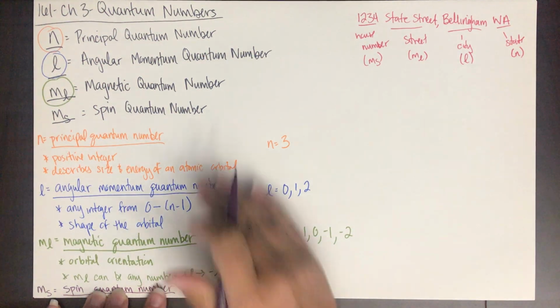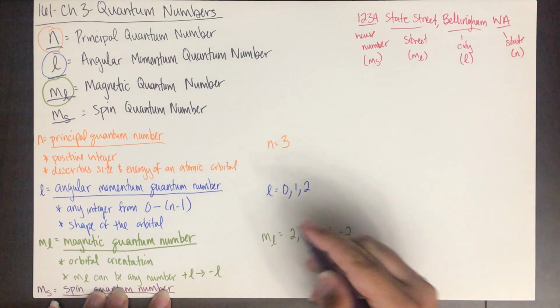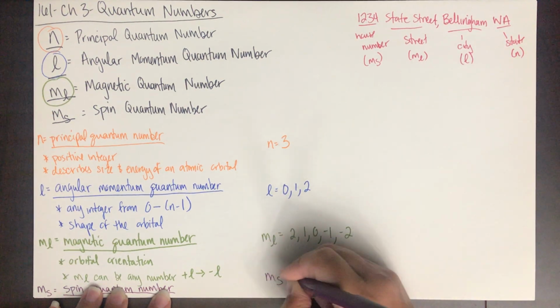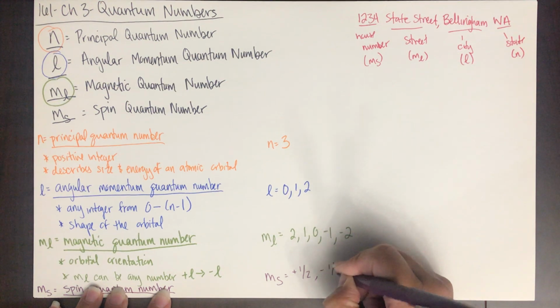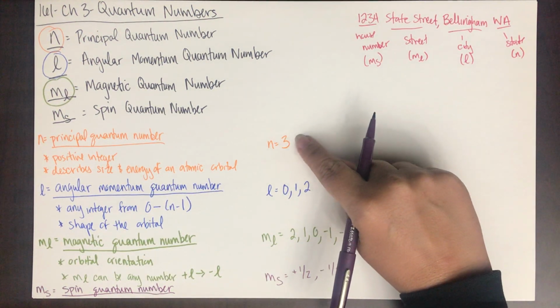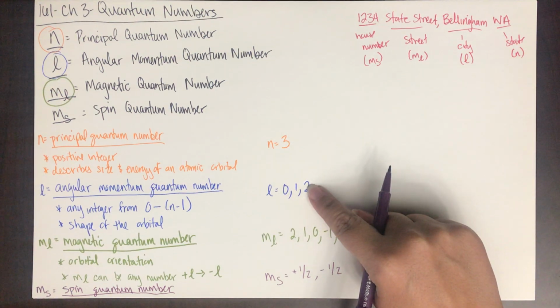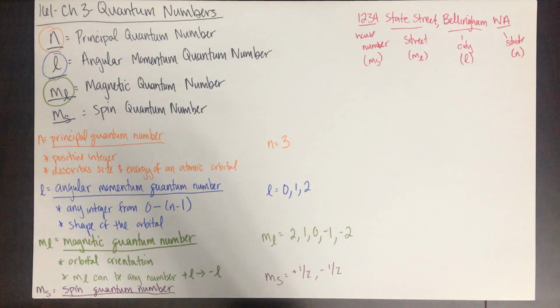M sub S is not dependent on the other 3 quantum numbers. M sub S is always +1/2 or -1/2. So it always shows the direction the electron is spinning. So this shows the energy level that it's in. This is the shape of the orbital. This is the orientation of the orbital. And this is the direction that the electron is spinning.